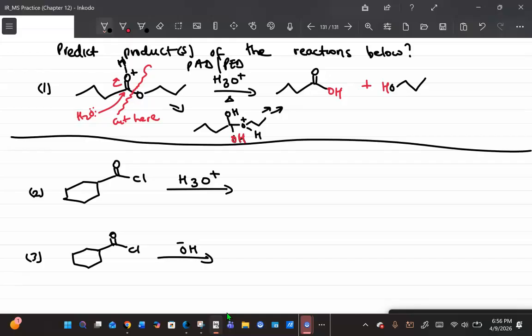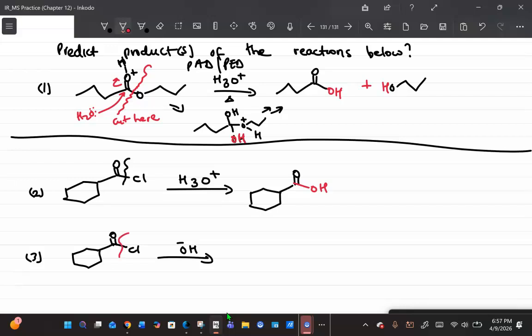I did number two. So number 2, I'm basically losing my chlorine, and that's where my OH will stay. It's acidic conditions. It stays as a carboxyl group. That's a good easy one. Okay, I finished the last one.